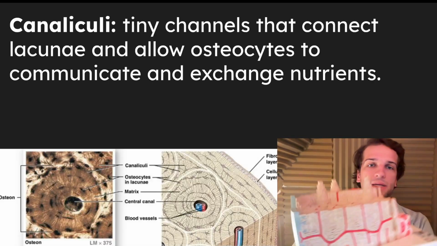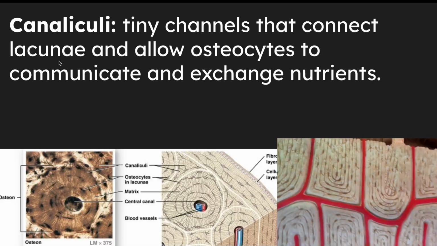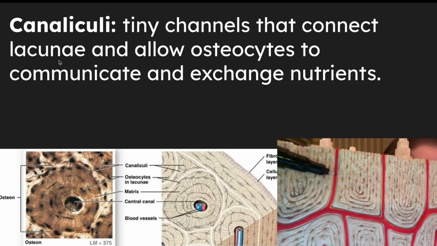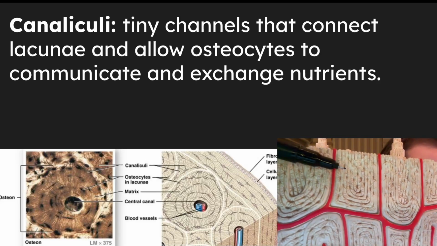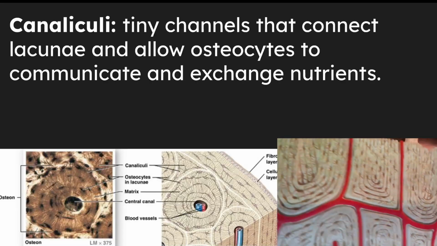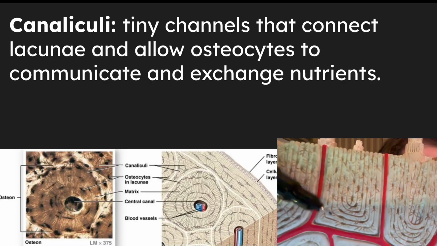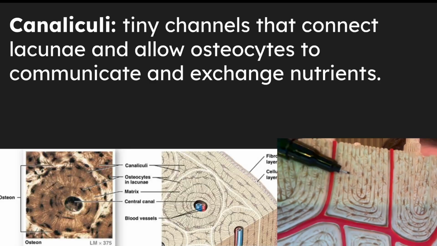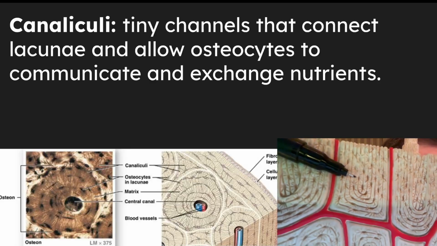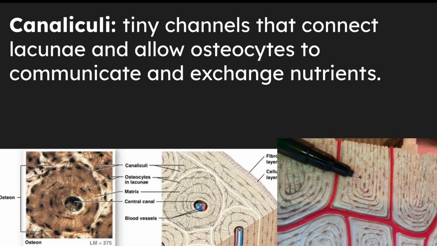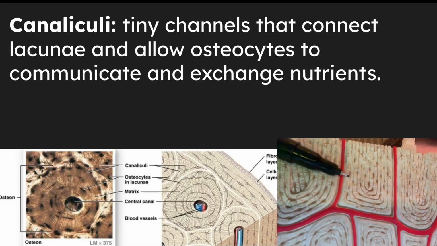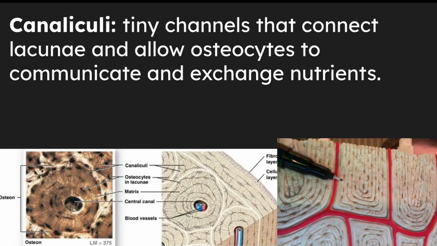And that would be true if not for, do you guys see how right here we have these little dots, right? Those are the osteocytes. But if we look a little bit closer, do you guys see how there's these little cracks that go between the dots, right? There's little cracks that go from like here to here, all the way through. And they connect one lamella to the next.